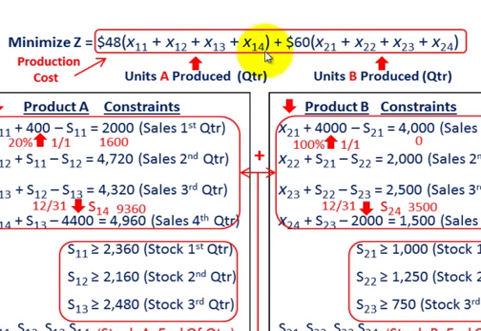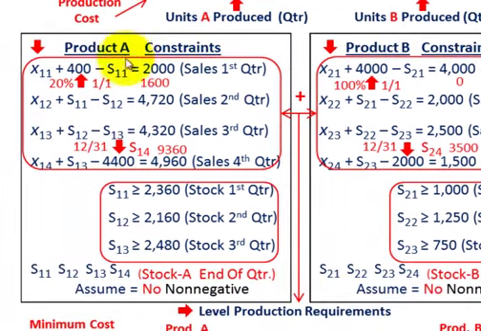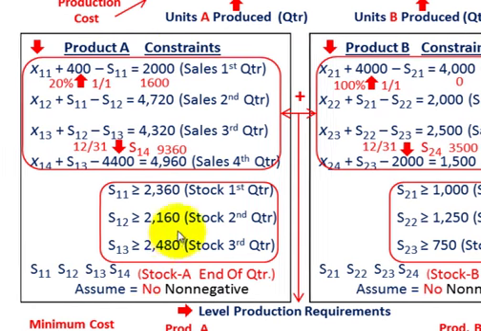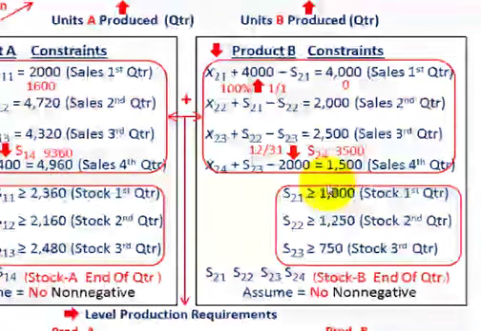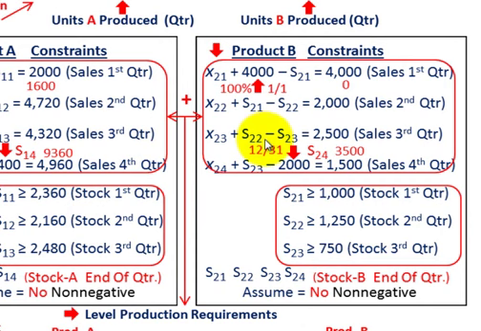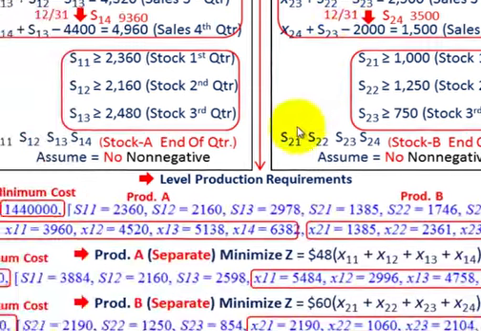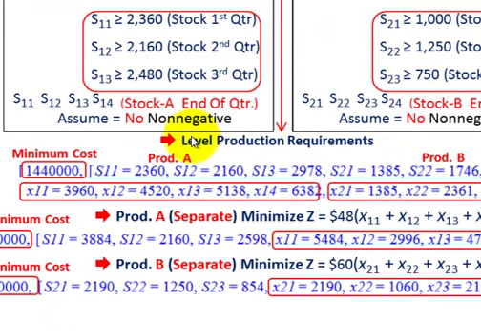Okay, now just to go over our results. This was our objective function, and then we went over our product A constraints and product B constraints over here, for units that we have to sell and stocking requirements and so forth. Now going down and looking at our results, whatever results you're coming up with, you really want to level your production requirements so they're rather level over the period.